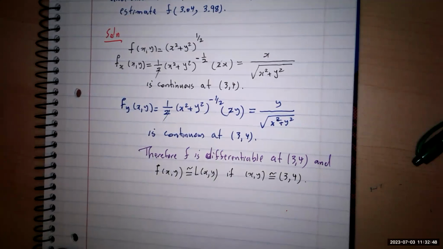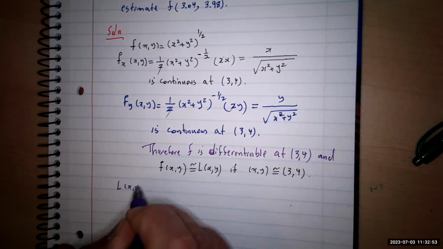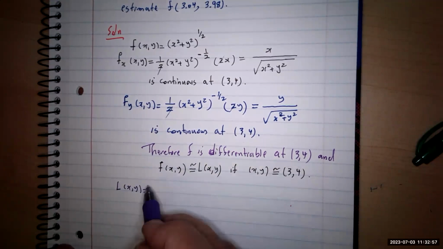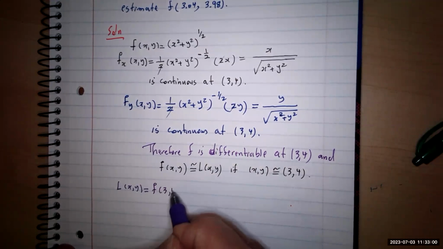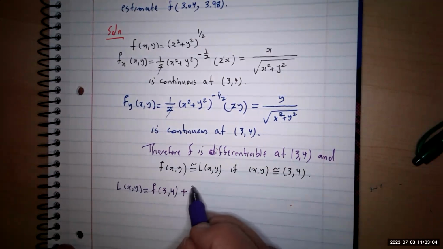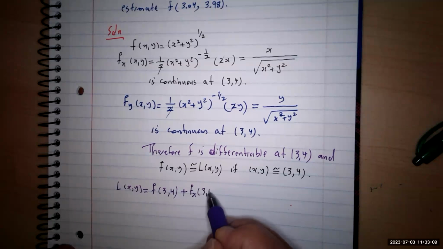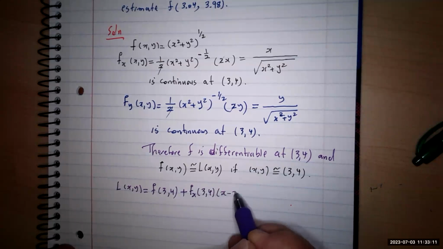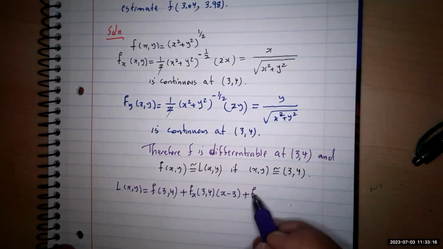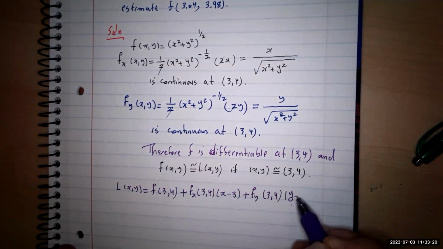Any question? Linearization, the formula: L of x comma y is equal to, at 3, 4, f of 3, 4 plus partial with respect to x at this point 3, 4 times x minus 3, plus partial with respect to y at the same point times y minus 4.